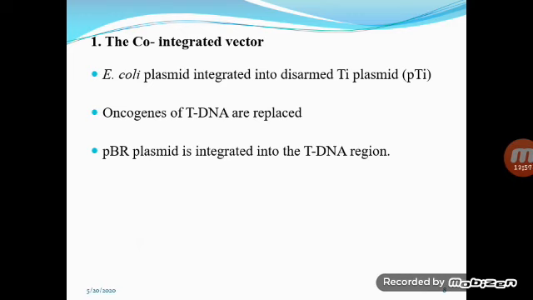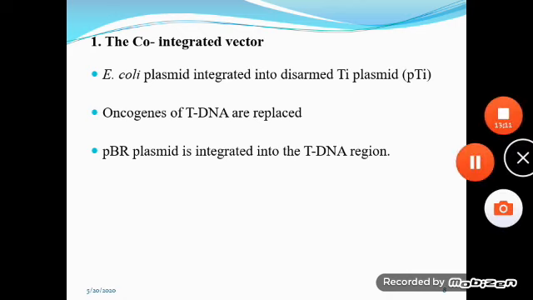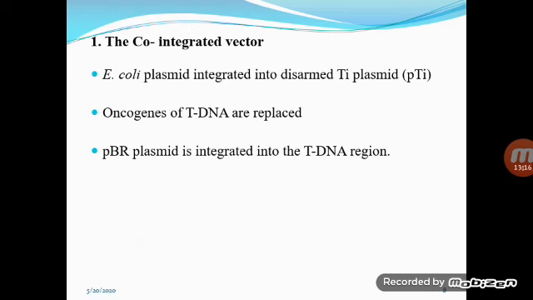During disarming, oncogenes of T-DNA are replaced by the gene insert and other sequences of the E. coli plasmid. For this, both plasmids are introduced into the same Agrobacterium cells.